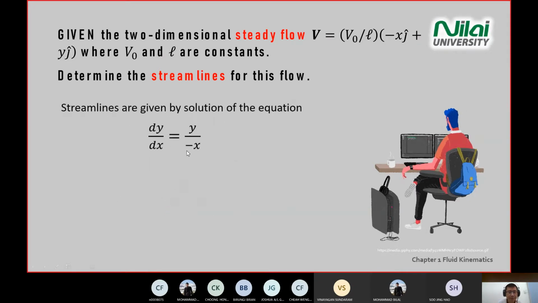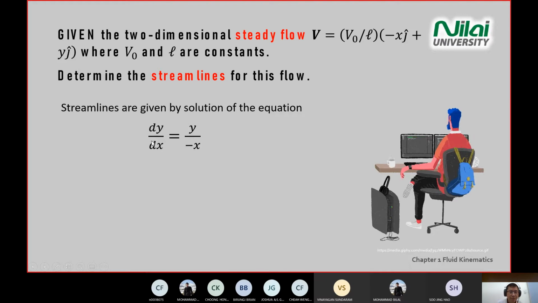Okay. Now, at this stage, we arrive at the new equation. We have dy divided by dx equal to y divided by negative x. This is the differential equation. Recall what integration is, how you integrate the differentiation.